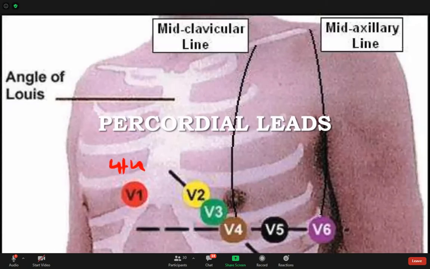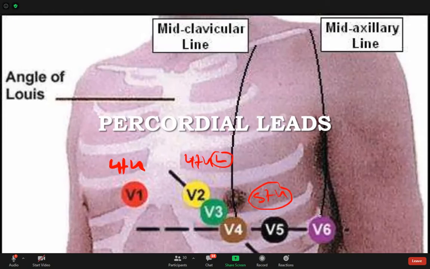Okay, V1 at the right side of the sternal border. V2 is fourth intercostal space at the left side of the sternal border. The V4 يكون عادة على the fifth intercostal space at the mid-clavicular line. Okay, and V3 is something between them.